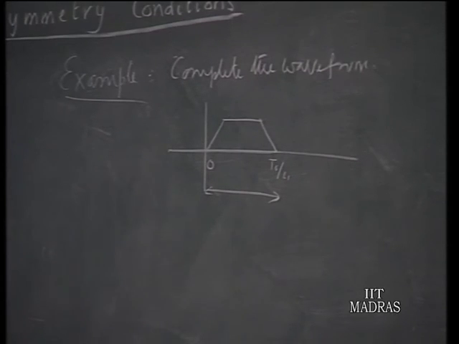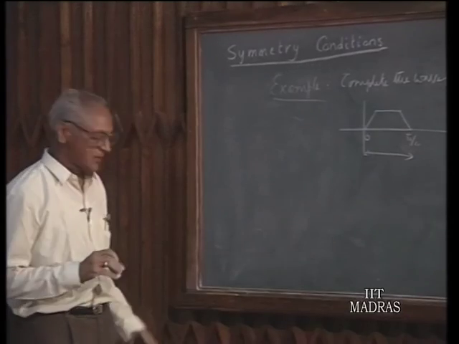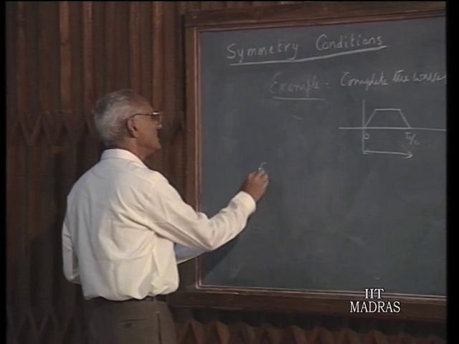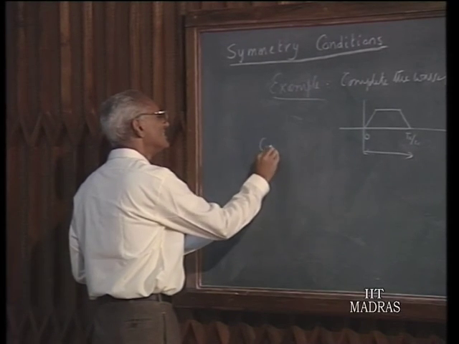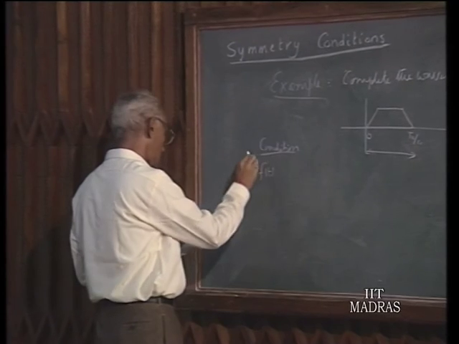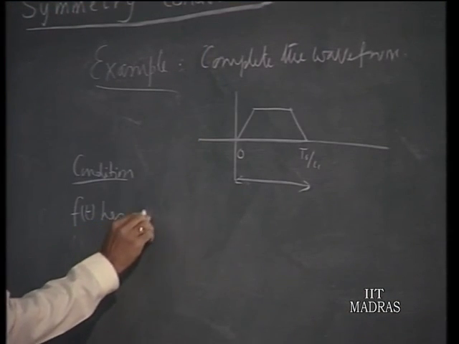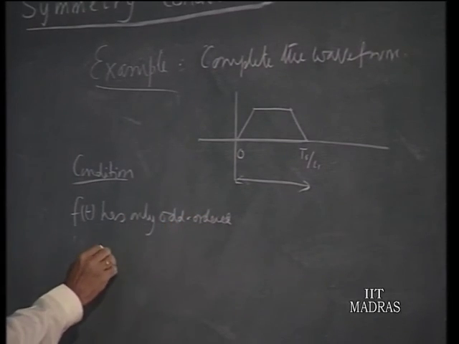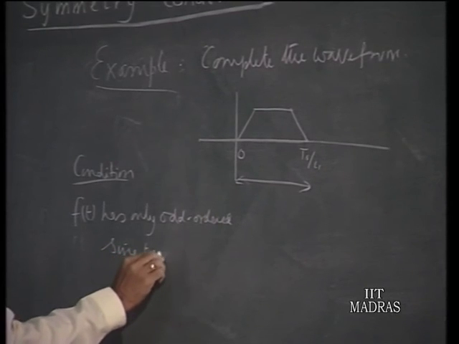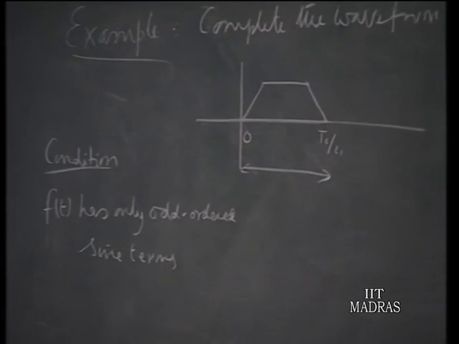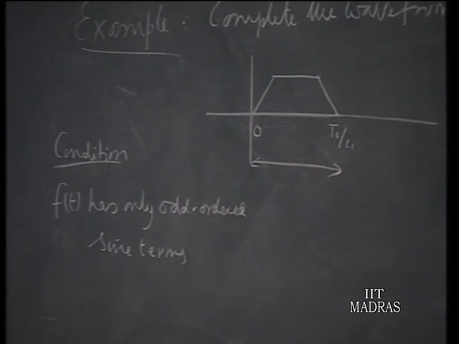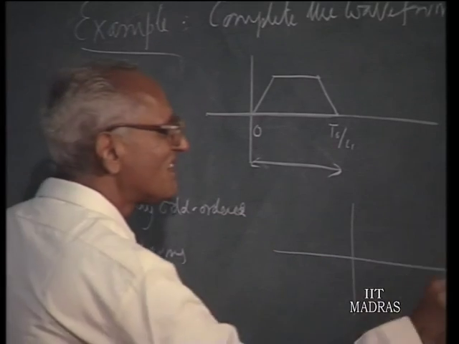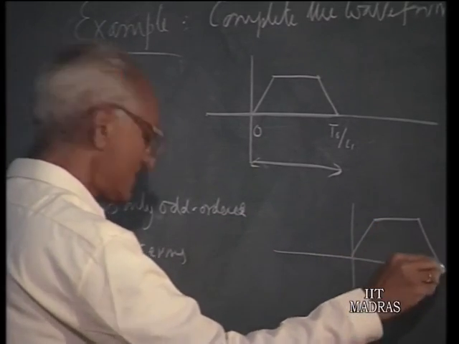Now, certain additional conditions are given and we are asked to identify the complete waveform, right. So, let us say the conditions are f of t has only odd ordered sine terms. So, if the waveform for the entire cycle is not given, only partial specifications are given, but this condition is given. So, this is the data that is given to us.